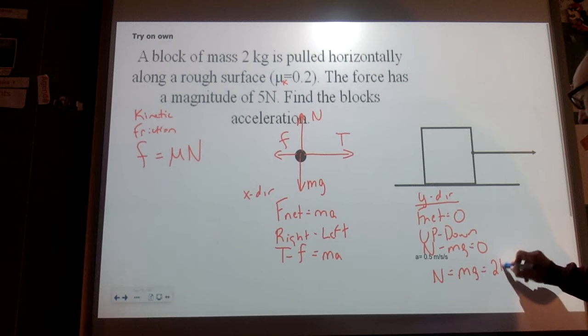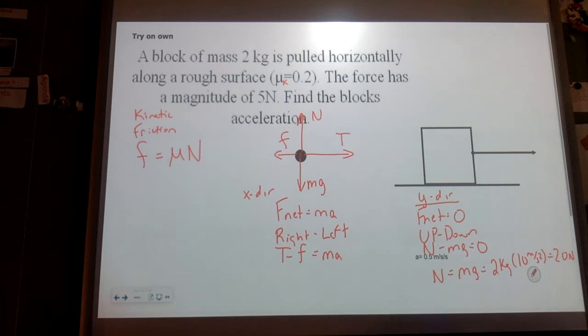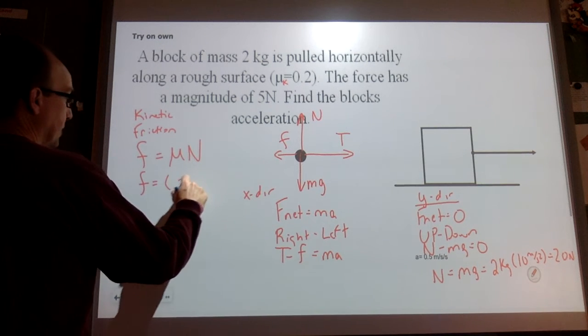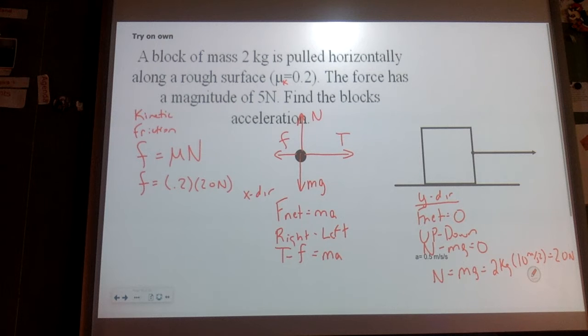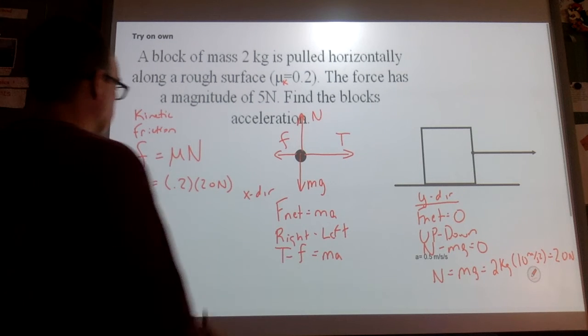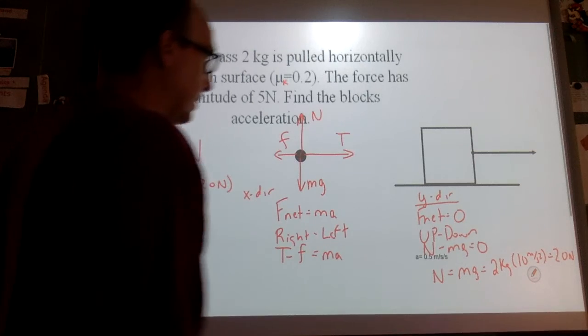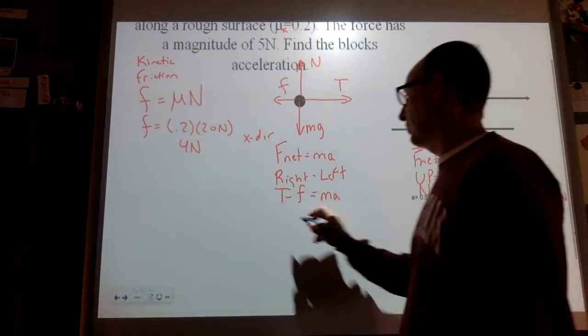And that's going to be 2 kilograms times 10 meters per second squared, or 20 newtons. Then I'm going to plug that in over here and get that my friction is 0.2 times 20, which is going to give me 4 newtons. And I can use that in my equation.